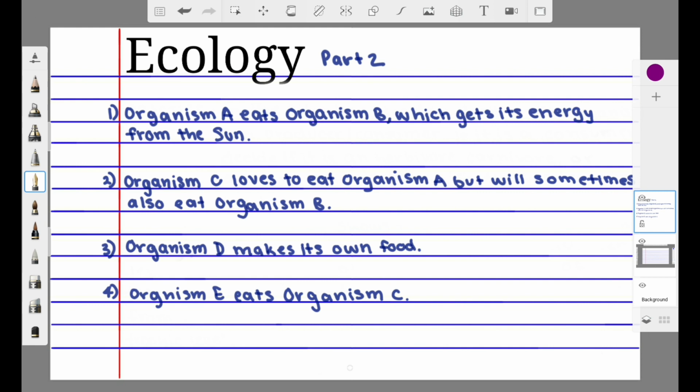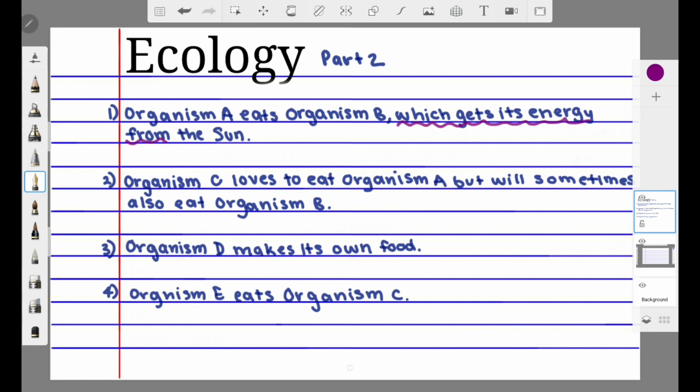Organism A eats organism B, which gets its energy from the sun. So first we need to decide, we know right off the bat that organism A cannot be a producer because it's eating a different organism, which plants don't do. They get their energy from the sun, which we can see right here.